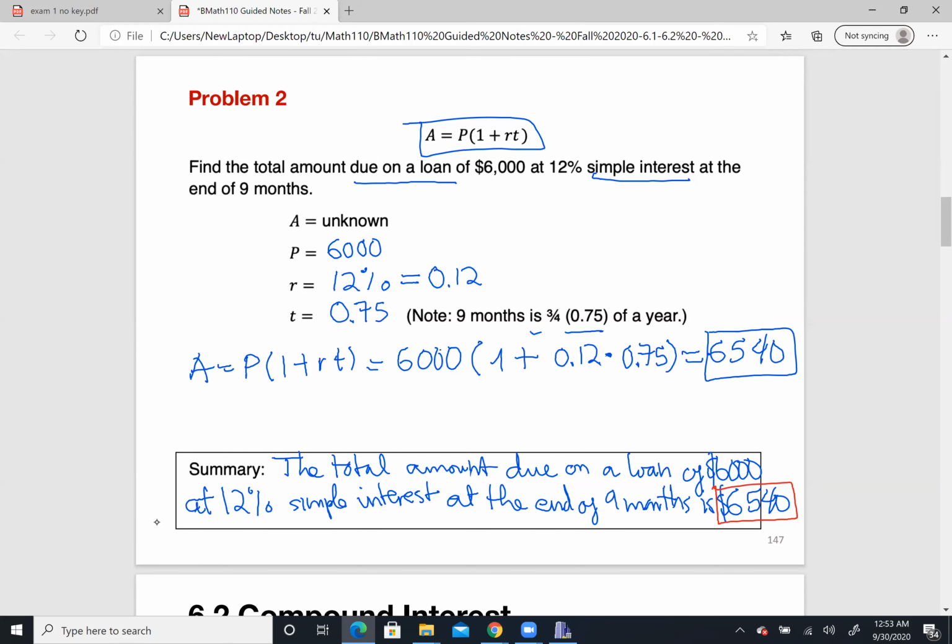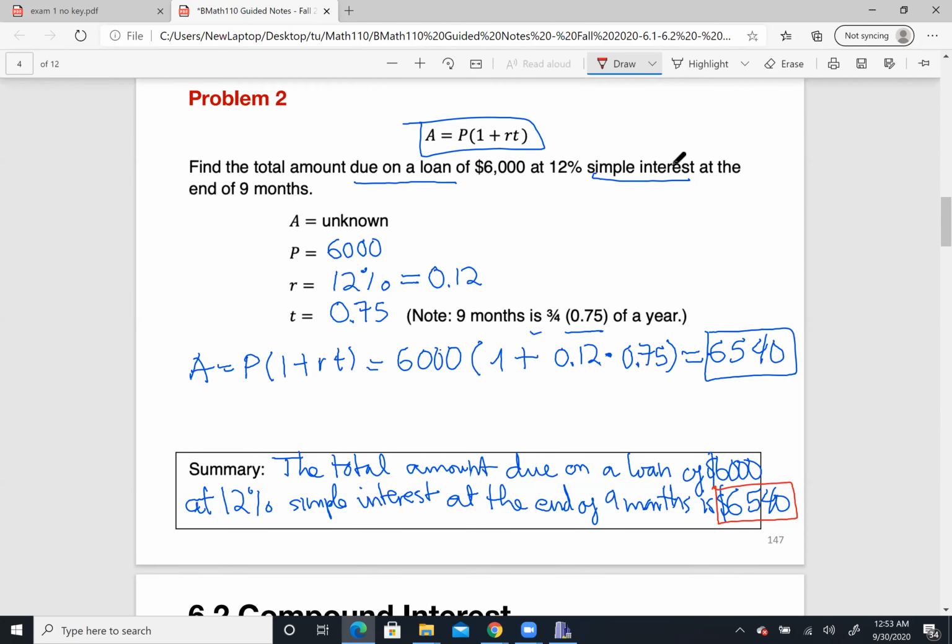So that should be the answer for this problem.